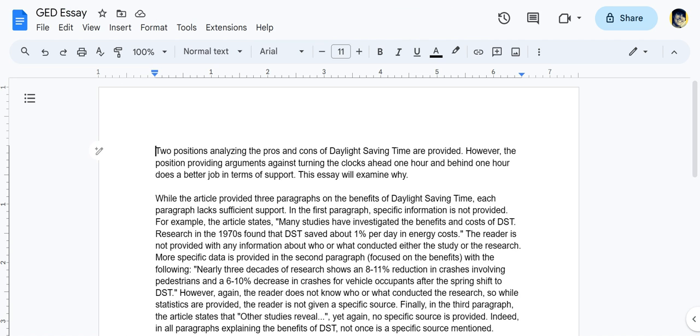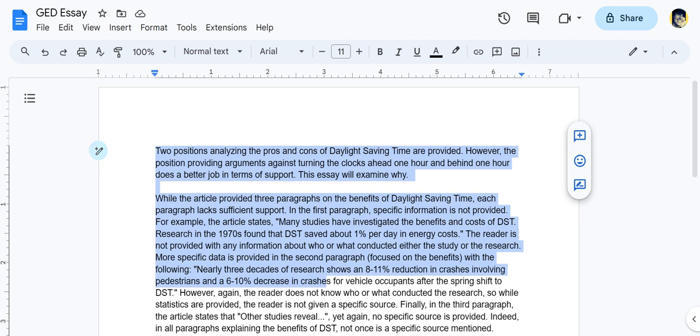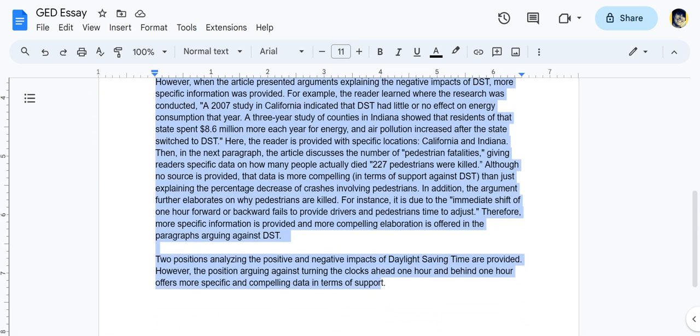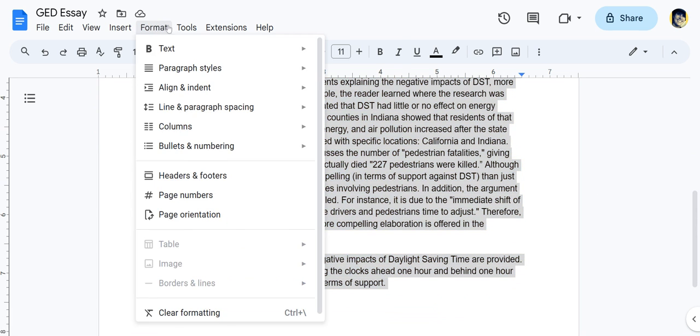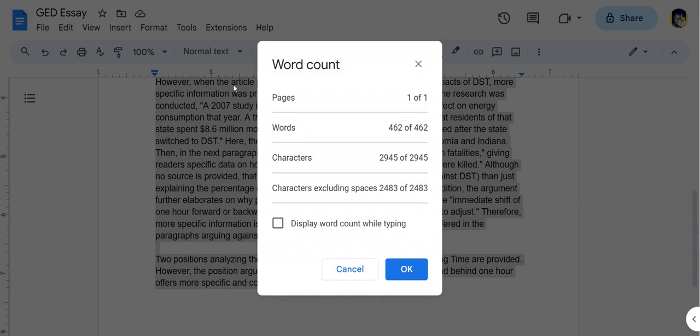I really want to know how many words I have here, to give you an idea. It's helpful to know how many words we have so that when you're in the GED situation, sitting there writing an essay, you're trying to figure out how many words did she actually create.